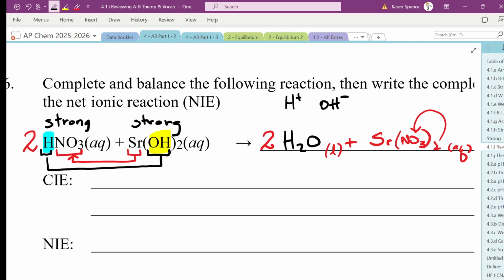The number of hydrogens is equal to the number of hydroxides, which is equal to the number of water. So if you ask yourself what have I got here, I've got 2 hydroxides. That means I need 2 hydrogens and 2 water, and I'm done.